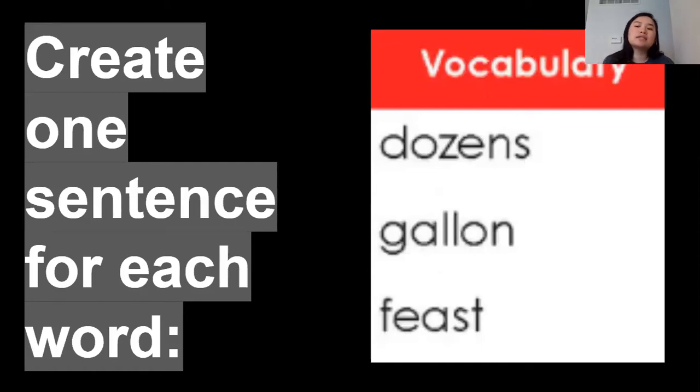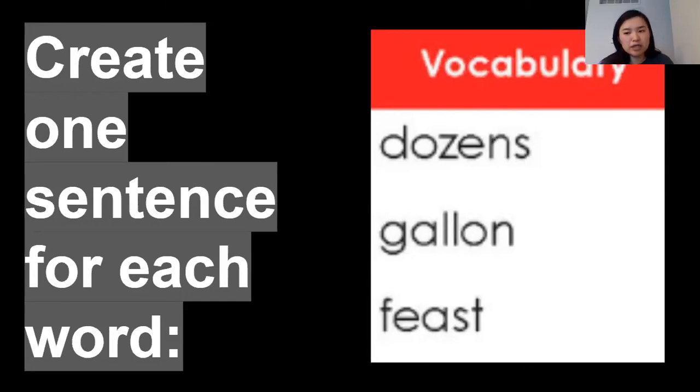Okay. Dozens. A dozen is the quantity, the number of 12. Dozens means that there are many groupings of 12 items in each group. So there were dozens of apple treats. It's an expression really saying that there are many apple treats. Gallon.